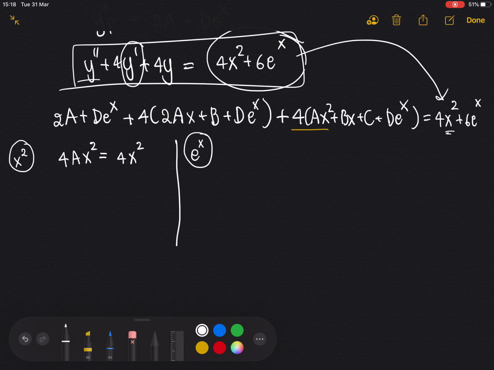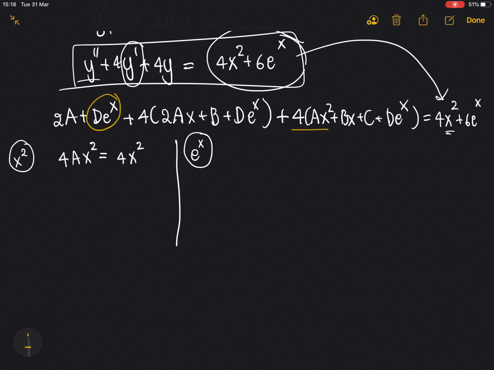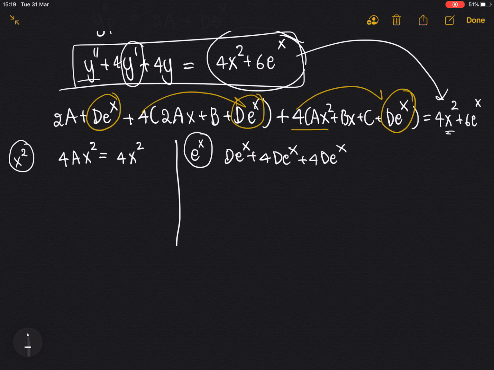So again, in this case we have this one multiplied with 4, and this one multiplied with 4 as well. So therefore we have de^x plus 4de^x plus 4de^x equivalent to 6 multiplied with the exponential of x.